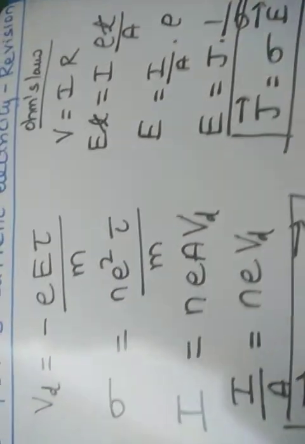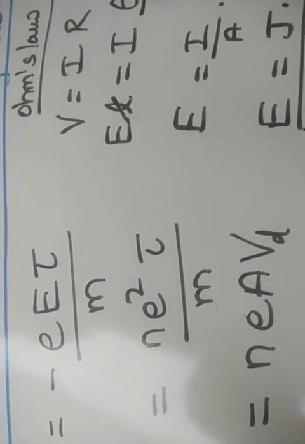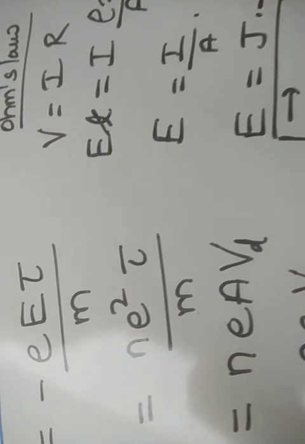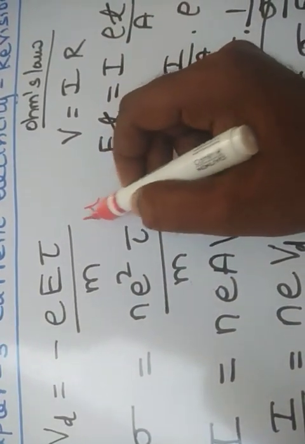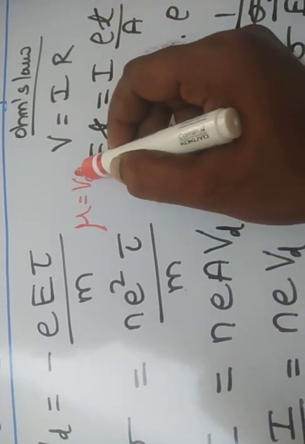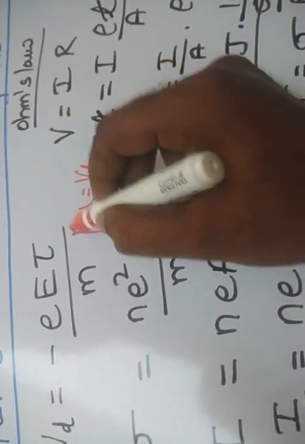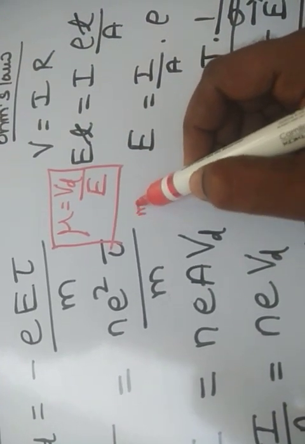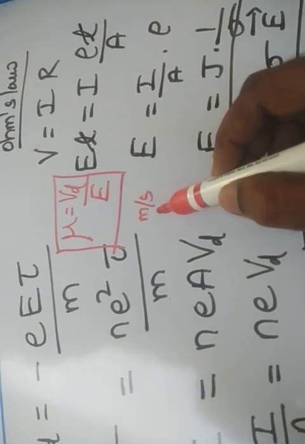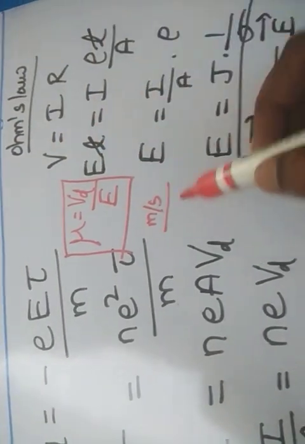Then a very important 2-mark question, repeatedly asked in the board examination, is mobility. Mobility μ is equal to drift velocity by electric field. So this is the mobility. Then the SI unit of mobility: velocity is meter per second, and the electric field E is volt per meter.